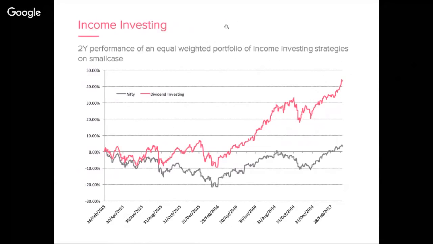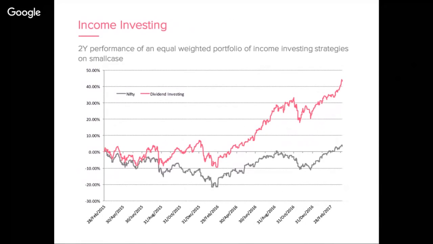So the use case for somebody to invest into dividend stocks or income stocks is basically that they want a constant stream of income hitting their bank account on a regular basis, and at the same time anticipate a decent amount of capital returns in future.